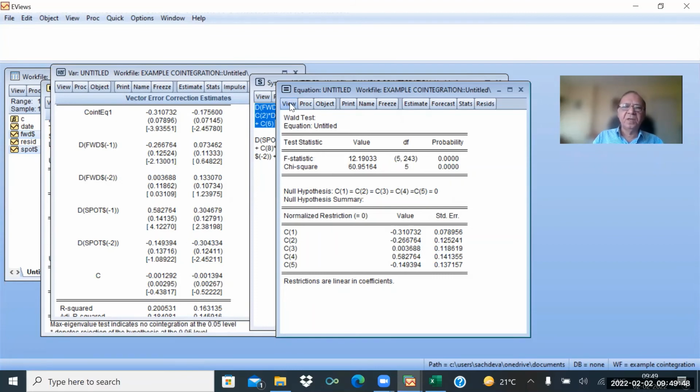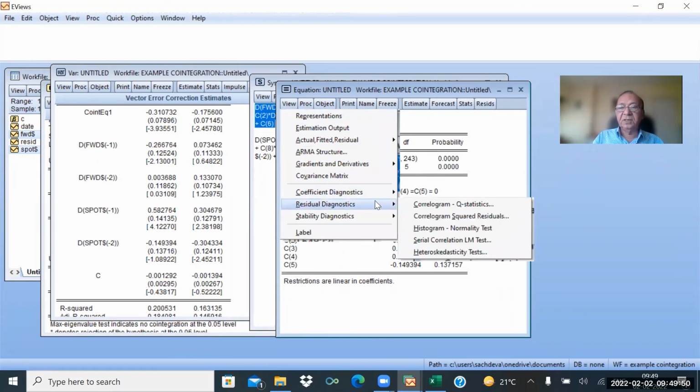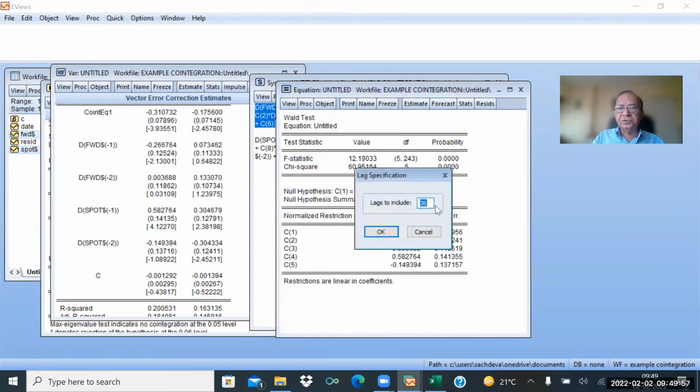Now let us see the residual diagnostics. Residual diagnostic correlogram. Correlogram will tell us, we can use 36 lags, 20 lags, or 12 lags, whatever you want to use. I'm going to use 12 lags now.